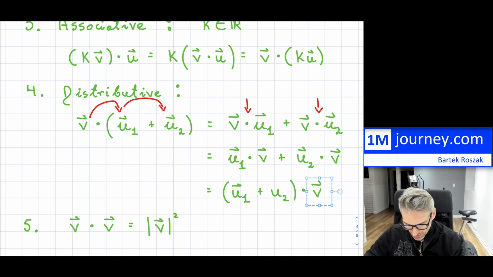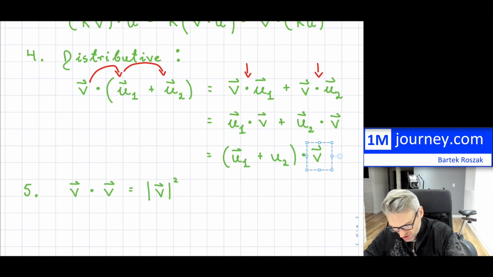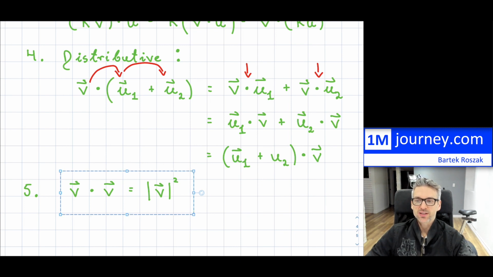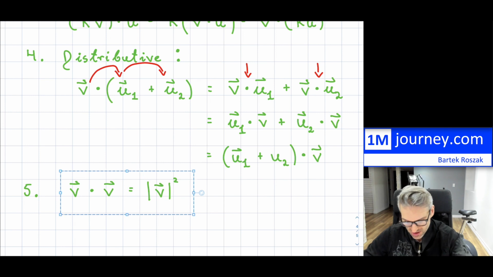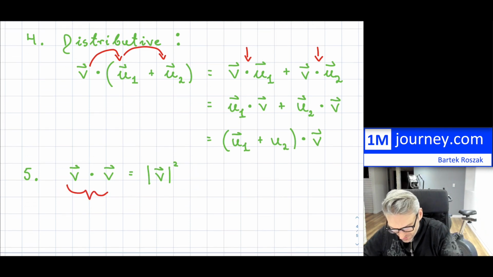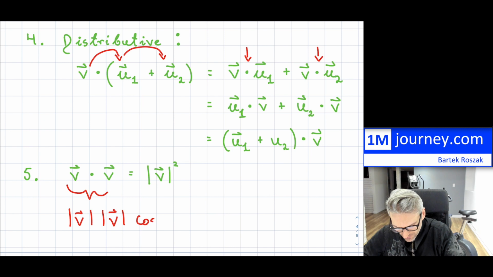The last property, this one doesn't really necessarily have a name, but this property just simply tells us that if you take the same vector and you multiply it by itself, then the result is just the magnitude squared. And again, no big deal. This isn't anything revolutionary, because the dot product by definition means that you're going to take the magnitude of one times the magnitude of the other one, and then the cos of the angle in between.